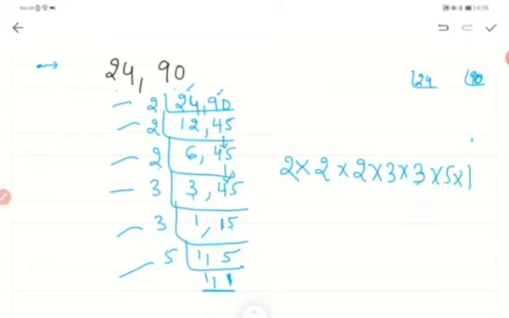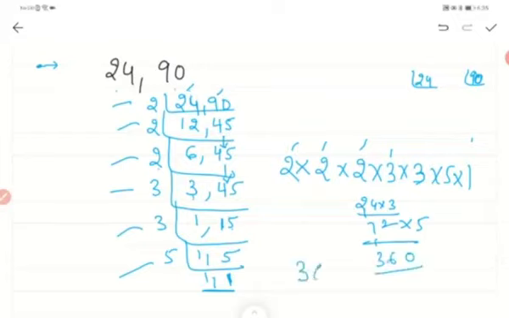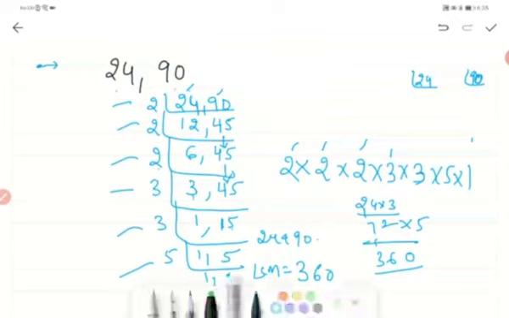Okay, so just multiply. 2 twos are 4, 4 twos are 8, 8 threes are 24, 24 threes are 72, 72 into 5, 5 twos are 10, 7 fives are 35, 36. So you have got 360 as the least common multiple of 24 and 90. Okay, I hope you understood how to find the LCM.